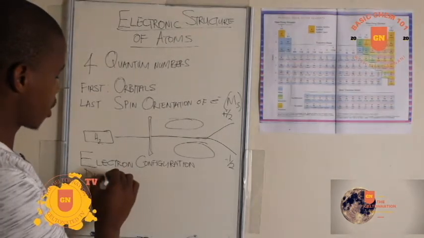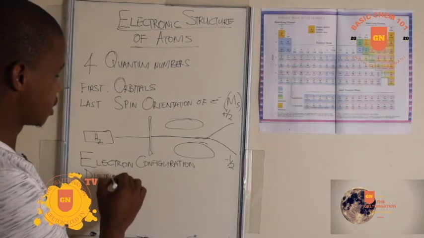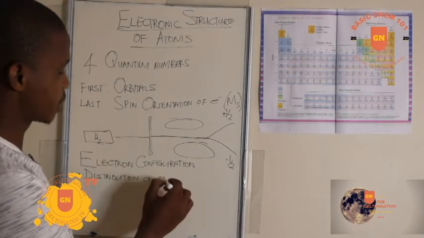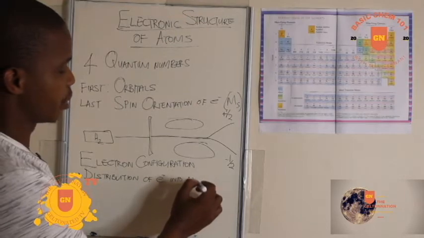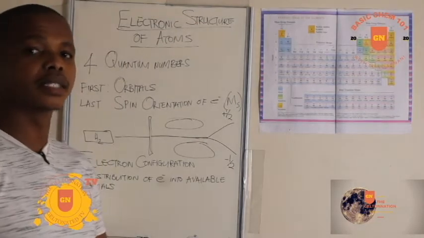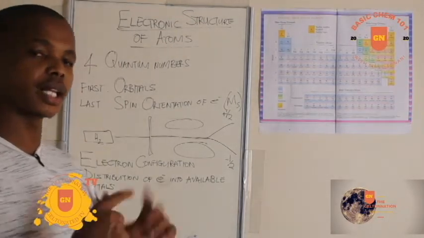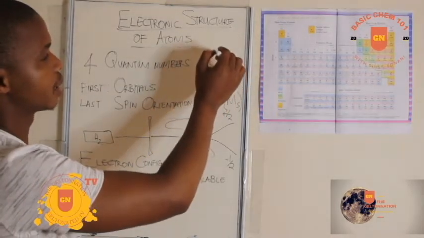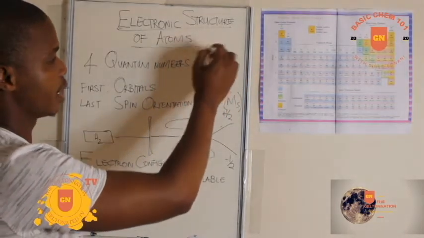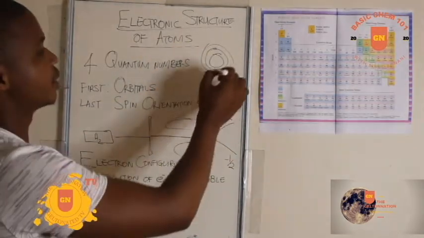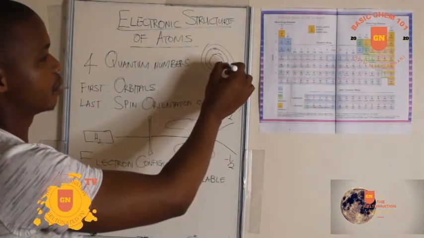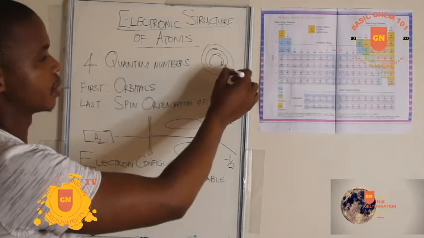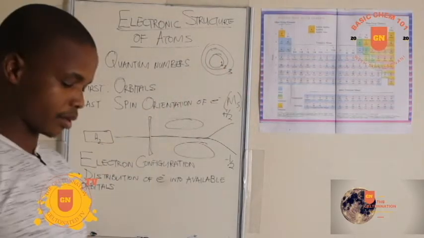So electron configuration is the distribution of electrons into available orbitals. We know that we have shells in an atom, your K shell, your L shell, your M, and your N, and your principal quantum number here would be 1, 2, and 3, and so on.